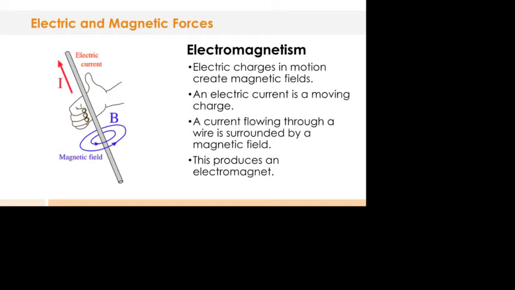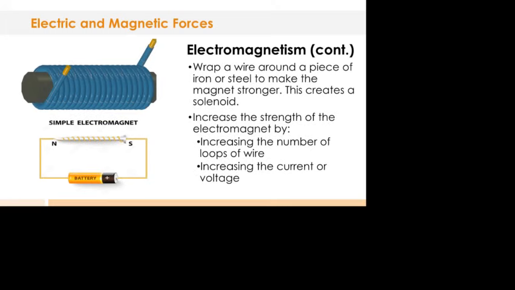And this produces an electromagnet. But if you want to produce a really strong electromagnet, you don't want a straight wire. What you want to do is wrap the wire into a coil. And to make your magnet even stronger, you can wrap that coil of wire around a piece of iron or steel. And this will create something called a solenoid.